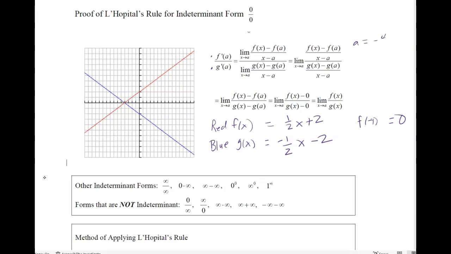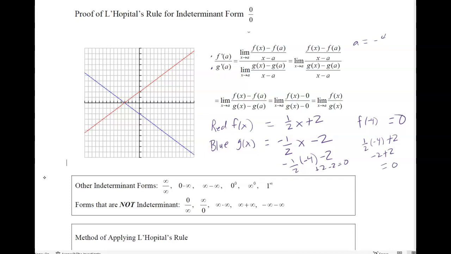And you can see that on the graph of these two functions. If I plug a negative 4 in for x in function f, I get 1/2 times negative 4 plus 2. It's a negative 2 plus 2. That's 0. I will have something similar happen when I use x in function g. Here I get a positive 2 minus 2, which is also 0.